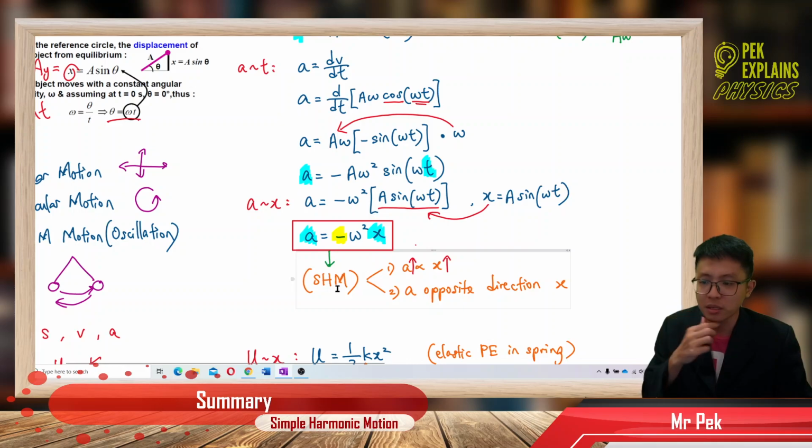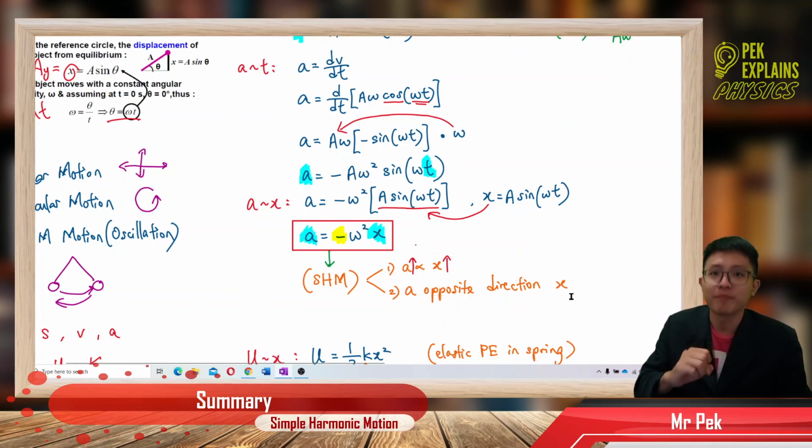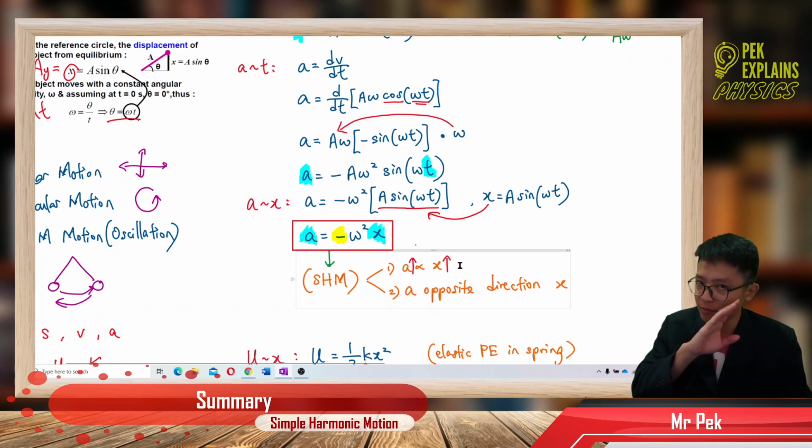Simple harmonic motion is a motion where the acceleration of the object is proportional to the displacement of the object. Secondly, the acceleration of the object is always opposite direction with the displacement of the object. So these two mean it is a simple harmonic motion.